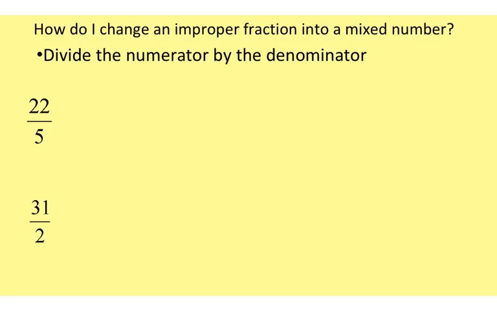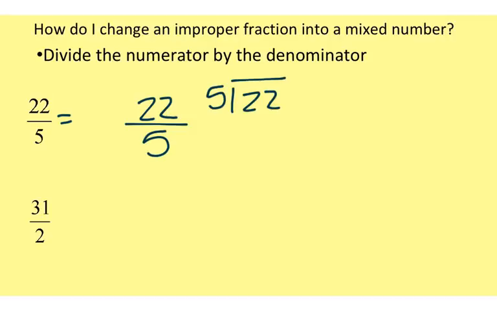Okay, so one thing we have to be able to do when we multiply and divide fractions is to change an improper fraction to a mixed number and a mixed number to an improper fraction. So just a quick review. The way to change an improper fraction into a mixed number is to divide the numerator by the denominator. So 22/5 means that I'm going to take 22 and divide that by 5, okay? Because we don't want to leave an improper fraction for one of our answers.